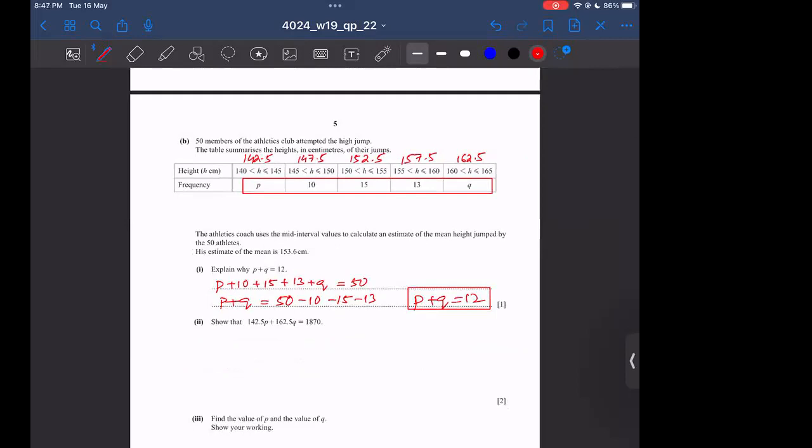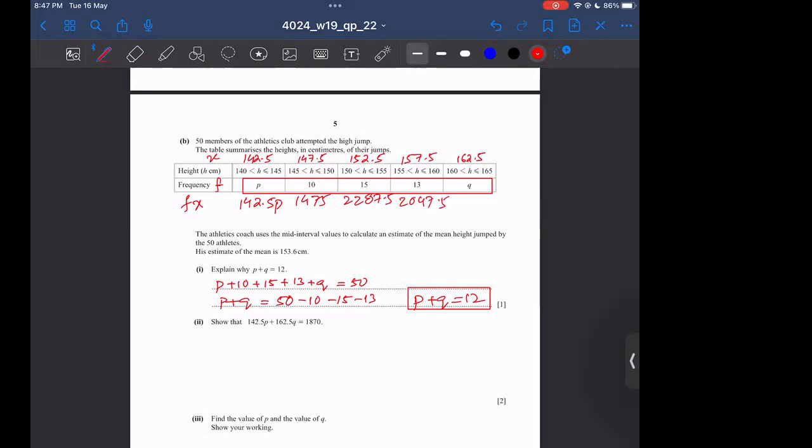Find the value of fx. 142.5 is the x value and P is the f value. So f times x for the first class is 142.5 times P. 147.5 times 10 is 1475. 152.5 times 15 is 2287.5. Then 157.5 times 13 is 2047.5.